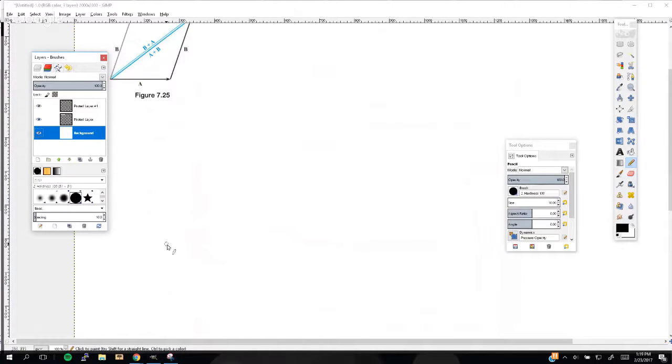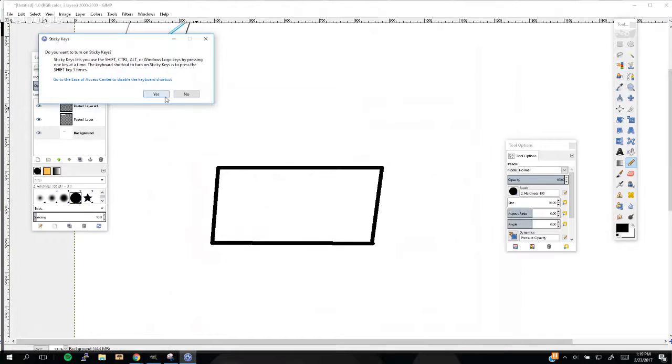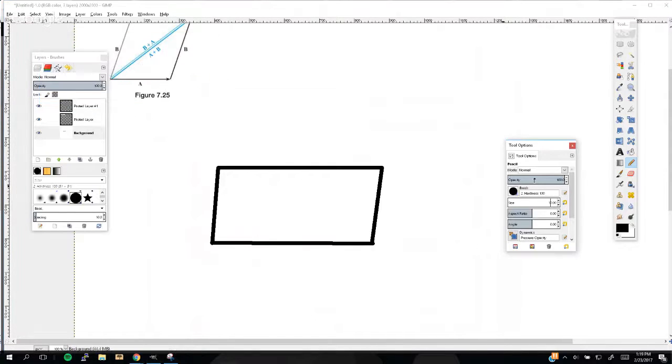Okay, so one side is 200, and one side is 300. You have the angle of 65 degrees.